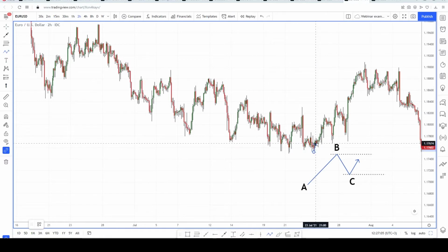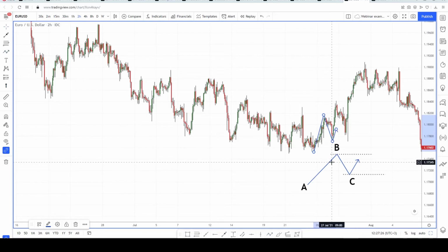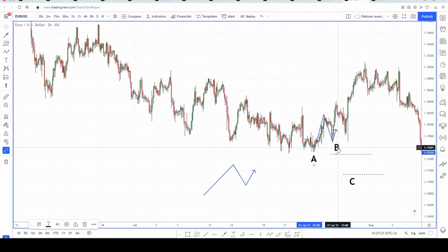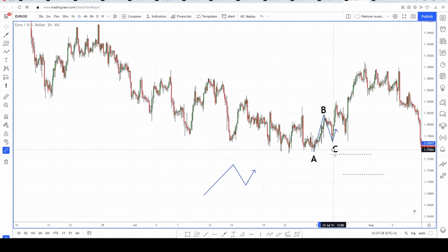Here's the point A. Here's our directional move, and then we get a move against it, and then the buyers step in again, and the price starts to move higher. So let me move this out of the way. Now we have the point A, we have the point B, and we have the point C.